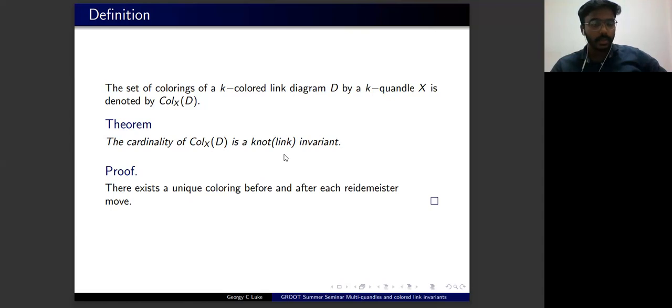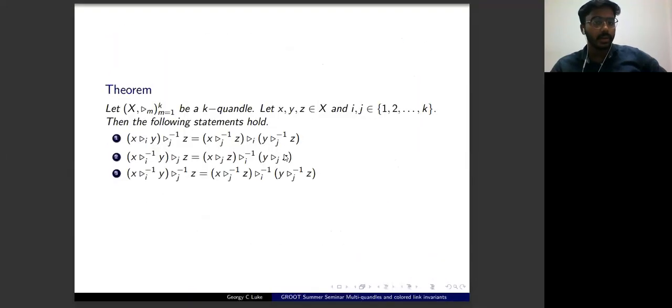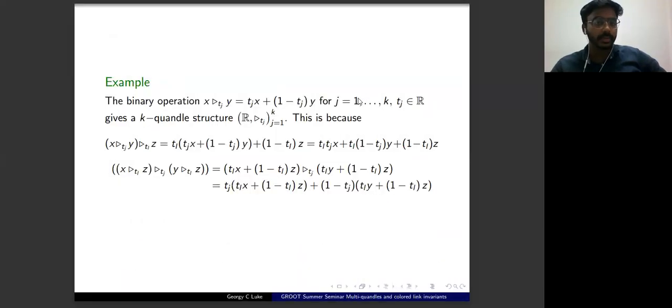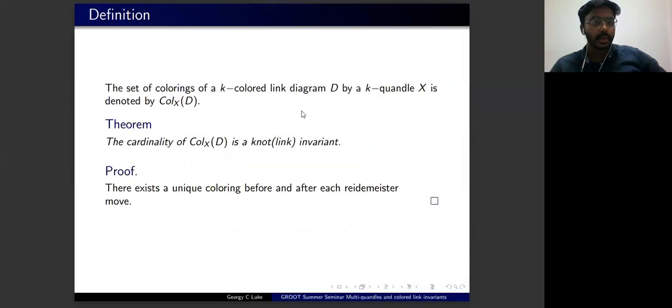The proof uses the theorem we stated before: two k-colored links L and L' are equivalent if and only if the corresponding diagrams are related by colored Reidemeister moves. So to show this is in fact a colored link invariant, there is a typo, I didn't incorporate "colored" here.